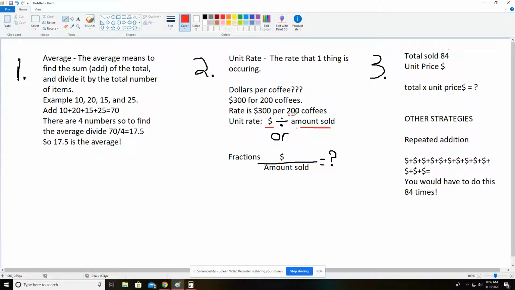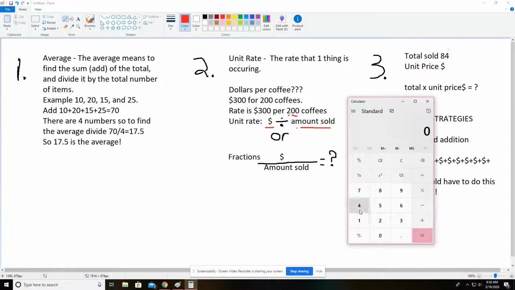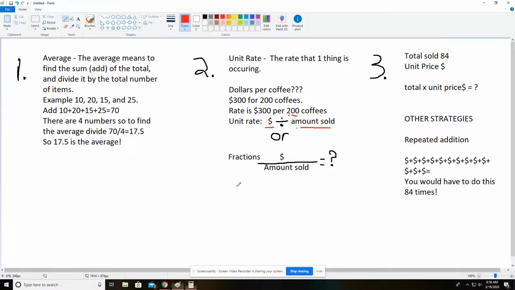We sold 200. So the 300 would be the dollars, the 200 would be the amount sold. I'm going to take my $300 divided by 200 coffees that were sold, and that's going to tell me each coffee cost $1.50. So this would mean it cost $1.50 per coffee.